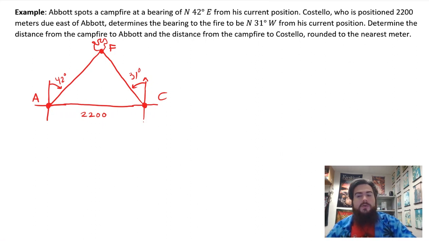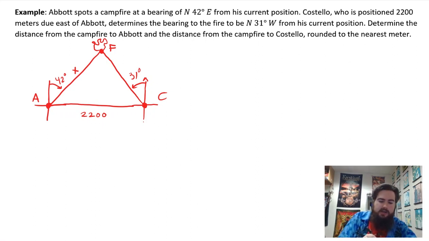What we are trying to do here, it says to determine the distance from the campfire to Abbott, as well as the distance from the campfire to Costello, rounded to the nearest meter. So we're trying to find the distance to Abbott, I'll say that is x, and the distance to Costello, I will say that is y.